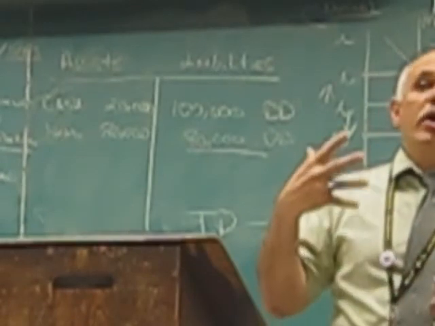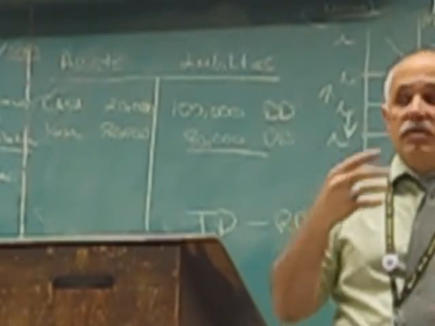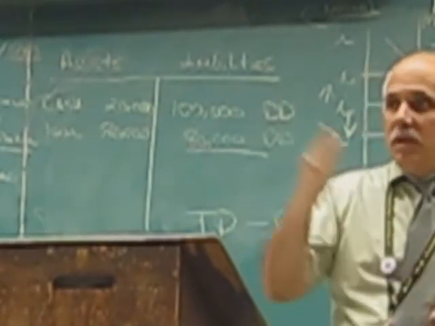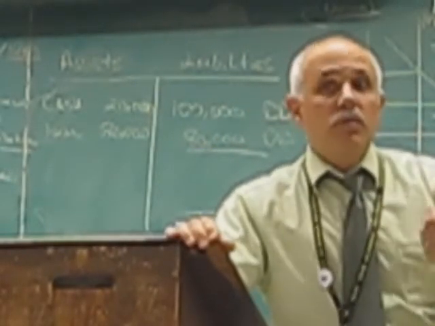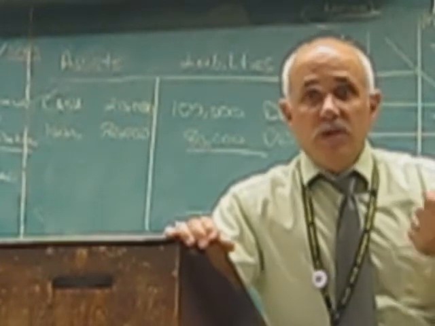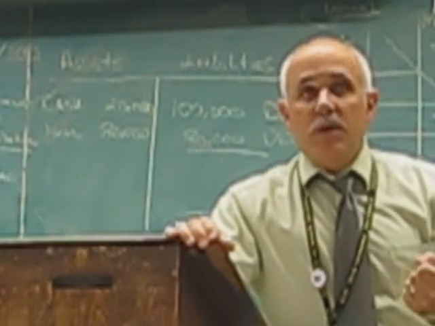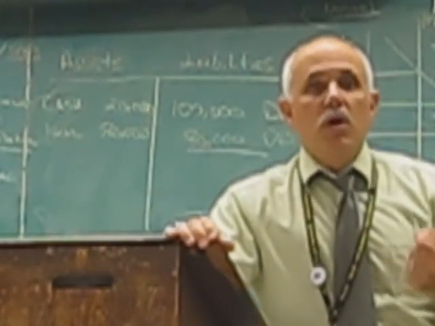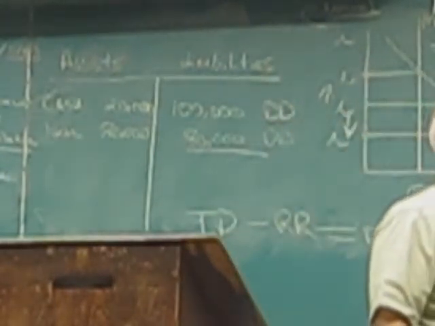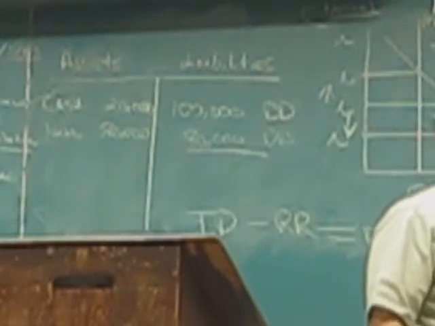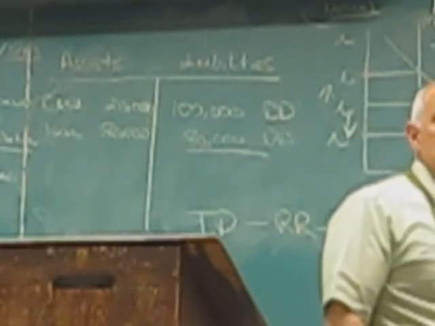Now, what we argued is that the Fed manipulates bank excess reserves. How do they do it? Well, we said there are three tools that the Fed uses. One is they can alter the reserve ratio. If the reserve ratio is 20, they can make it 10.